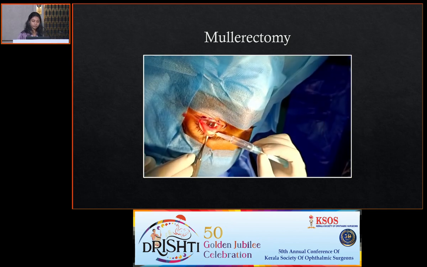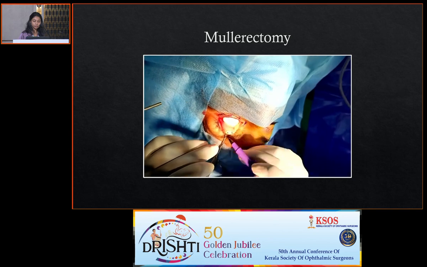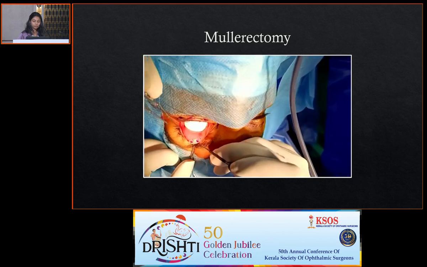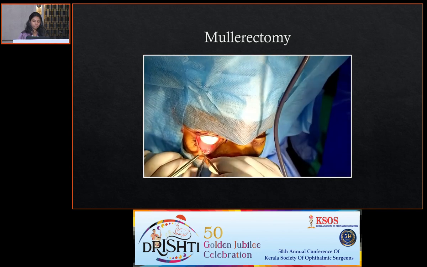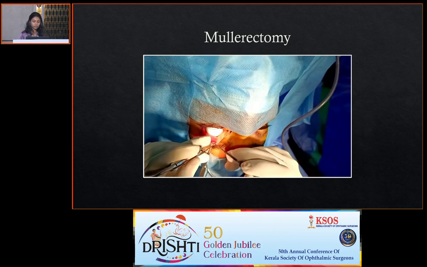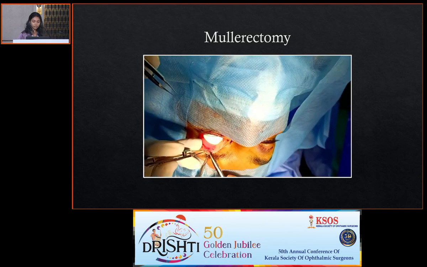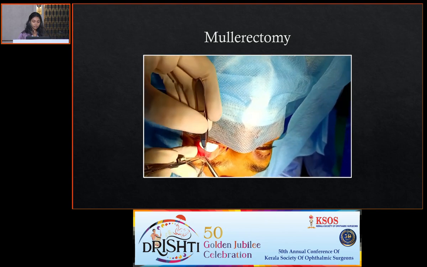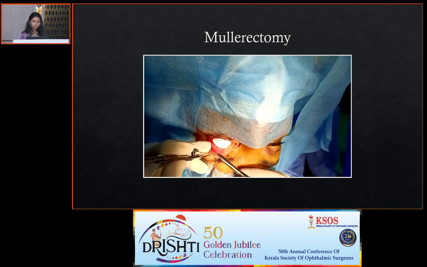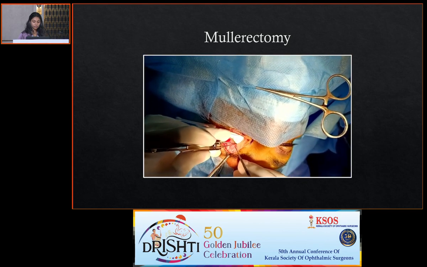Local anesthetic is infiltrated to separate conjunctiva from Muller's muscle. Upper edge of the tarsus is marked. A unipolar cautery is used to dissect the conjunctiva off from the undersurface of the Muller's muscle. A traction suture is applied to the conjunctival edge to facilitate the dissection.